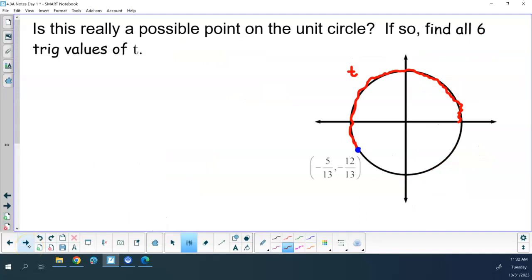Okay. So the first thing that we have to determine is if this point, negative 5/13 comma negative 12/13, is a point on the unit circle. Because if it is, we can then find all 6 trig values of it. The unit circle equation, again, was x squared plus y squared equals 1.